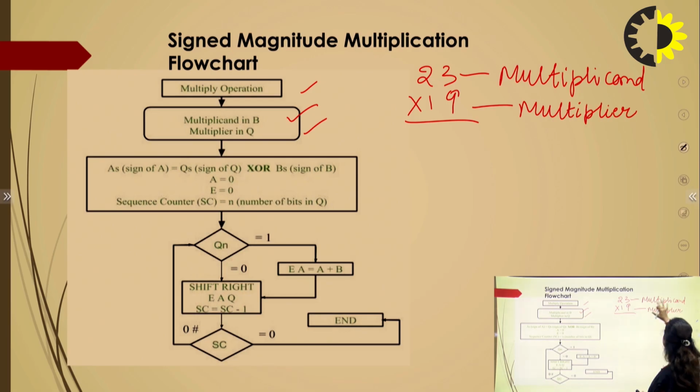So this multiplicand will be denoted by the variable B. We are taking this variable B to hold the value of the multiplicand, and the multiplier will be represented by the variable Q, which is used for holding the binary bits of this multiplier, that is, the binary equivalent of the number 19. So this is the very first step, initializing the variables to hold the values of your multiplicand and multiplier bits.